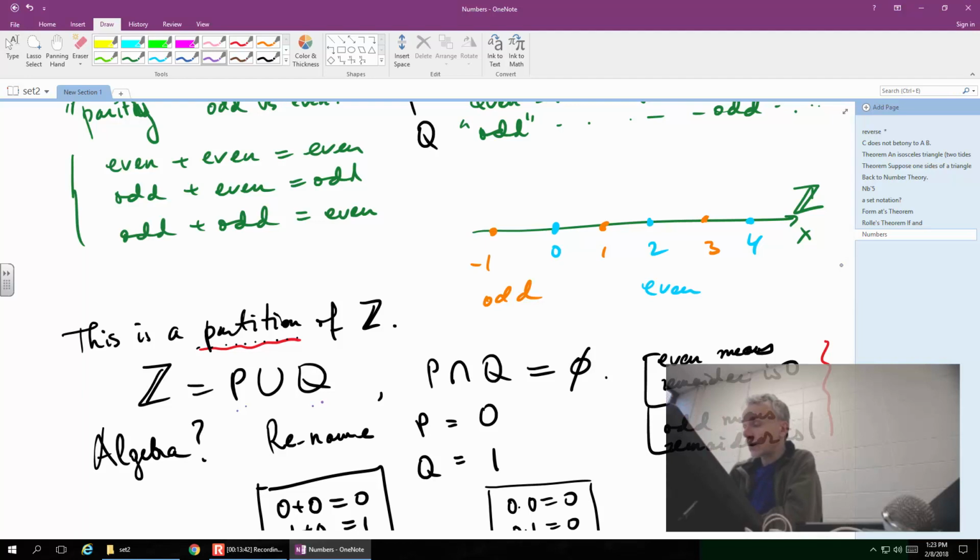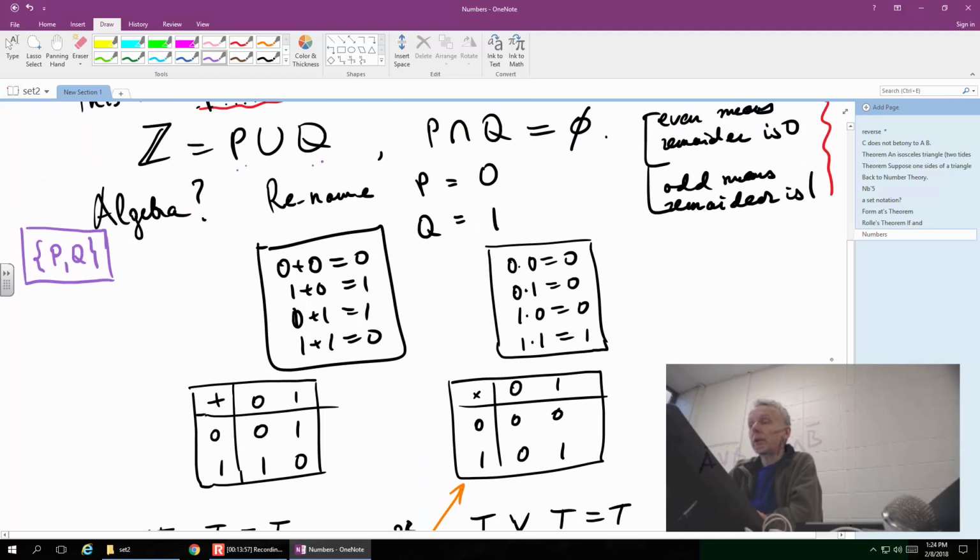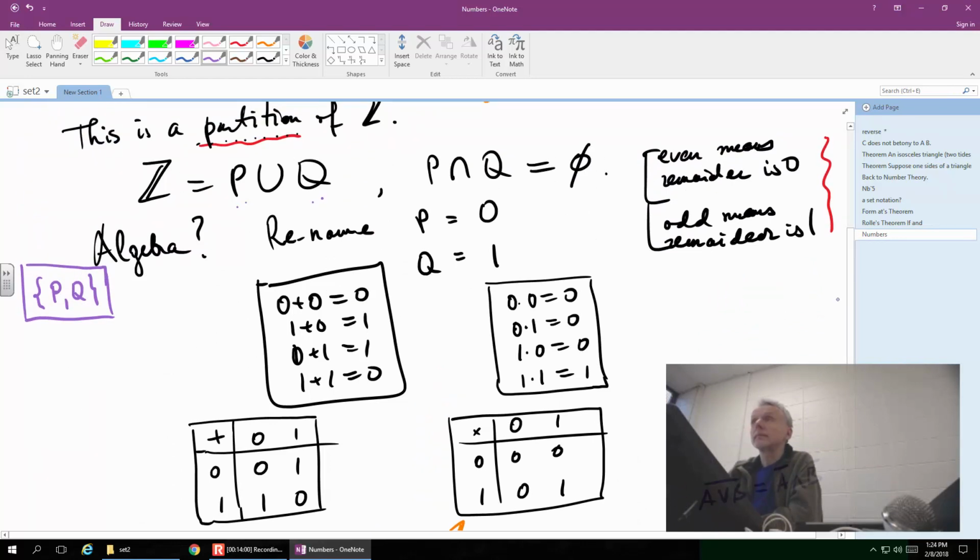So the point I'm trying to make here is this: we are proceeding to this {P, Q}. It will take some time to get used to what I just wrote here. So what are you seeing here? P comma Q. No, they're not the same set.